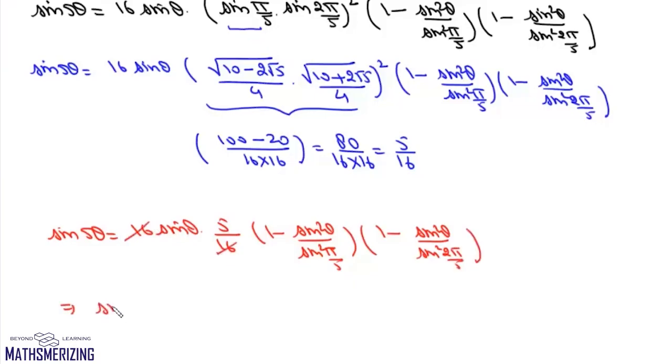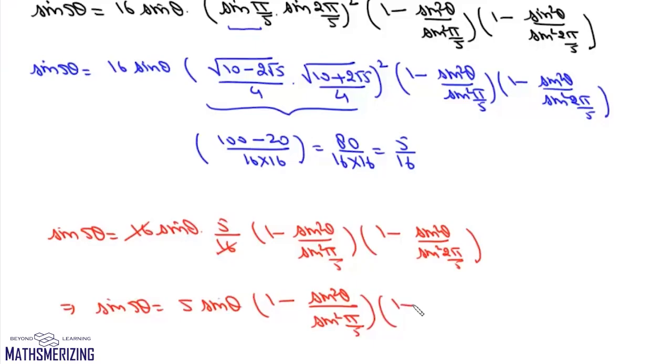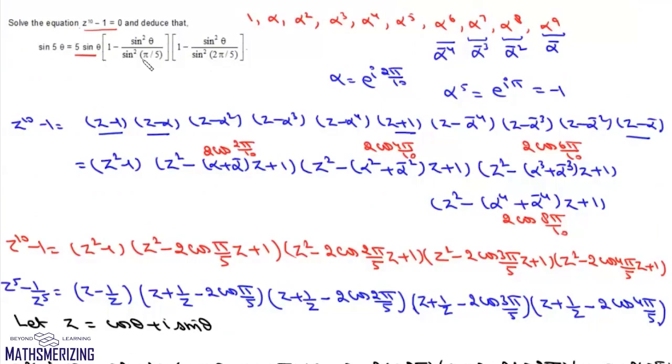So we'll get this result as sin 5θ equals 5 sin θ (1 − sin² θ/sin² π/5) into (1 − sin² θ/sin² 2π/5). And this is what we need to prove.